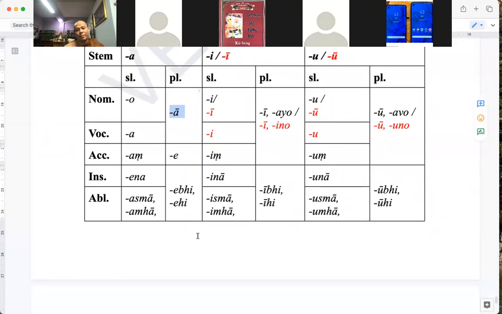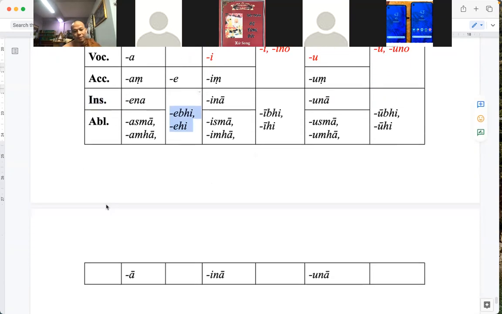Accusative, Bodhim. Plural, Bodhe. And the instrumental, Bodhena. And plural, Bodhehi. Bodhehi.